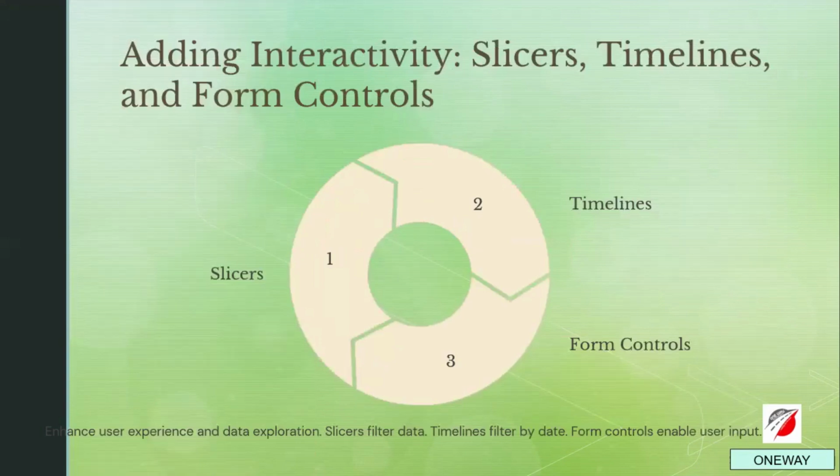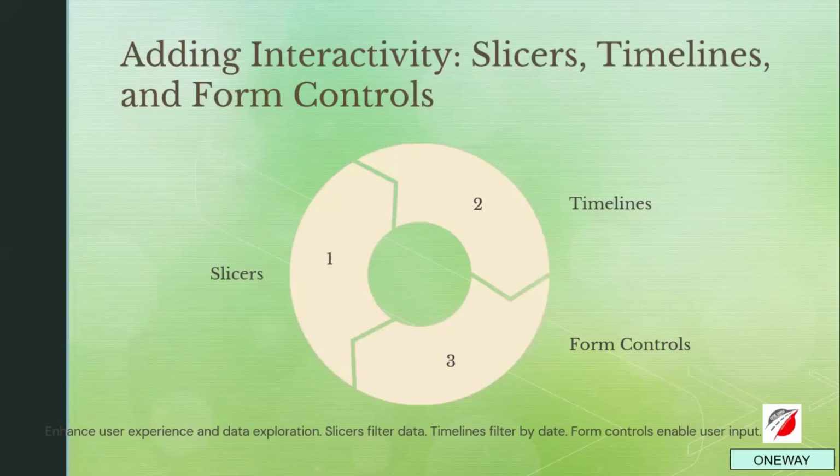Then we're going to look at one important thing that actually makes the dashboard look automated, and that is adding interactivity. Your dashboard will remain a dead one if there is no interactivity.